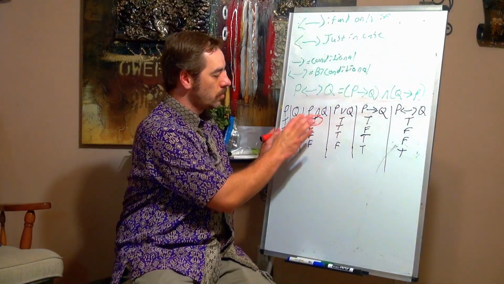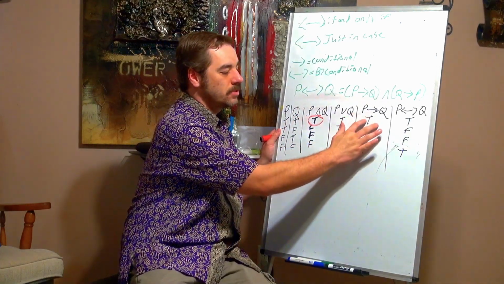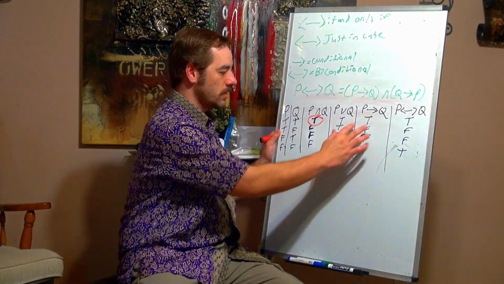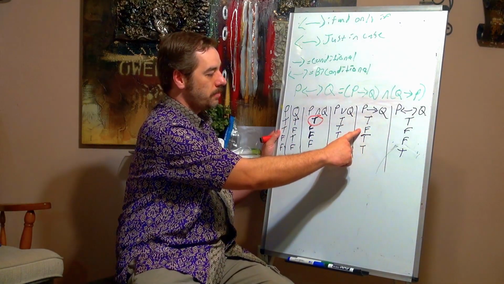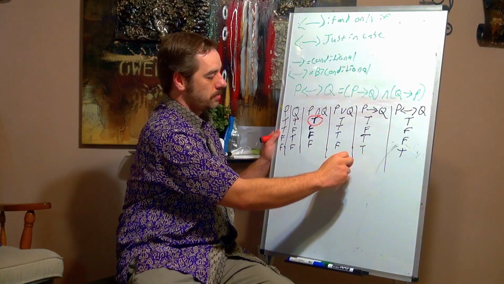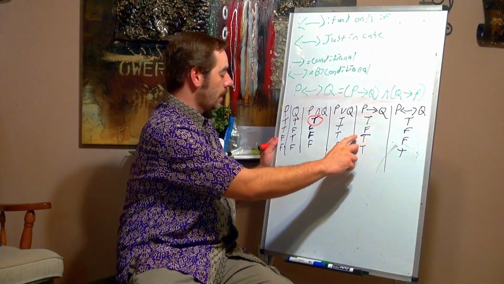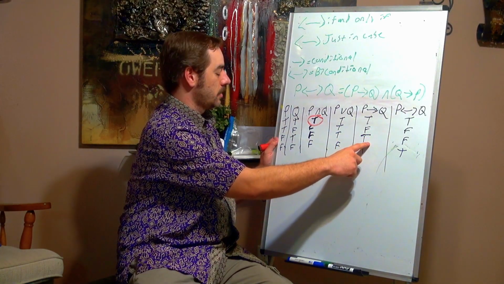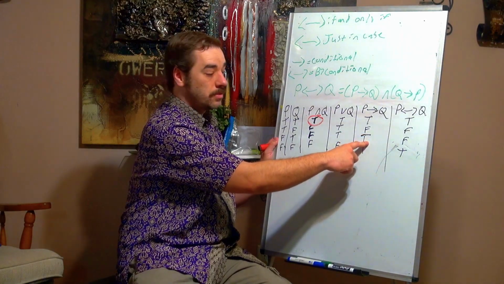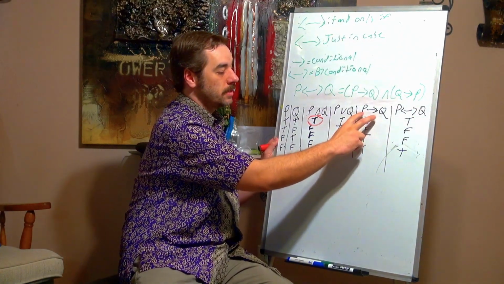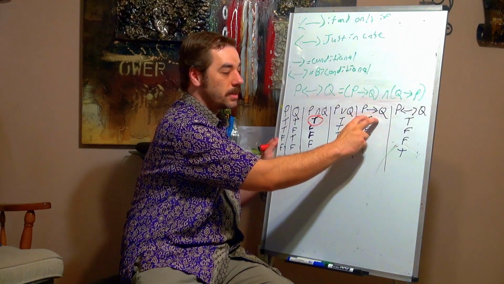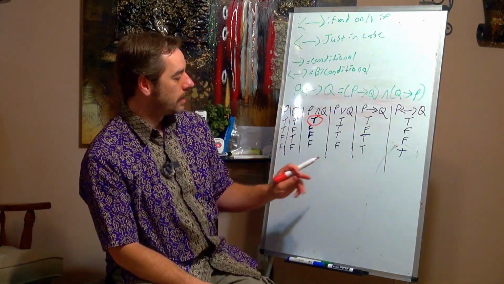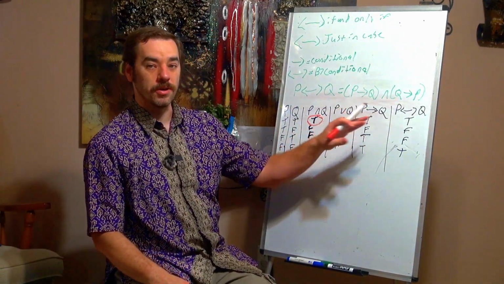This is an or, this is an and, this shows the connection between the two. So let's see. I went to the party, but I didn't eat queso, so it's false. I didn't go to the party, but I did eat queso, so it's still true. And the reason it's still true is because this shows the connection between the two, right? It's just showing that if I go to a party, I'll eat queso.